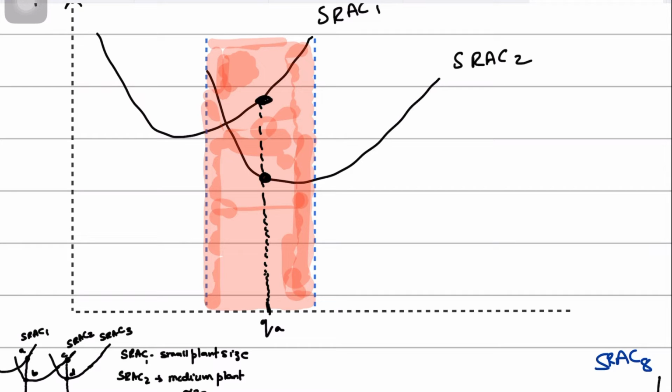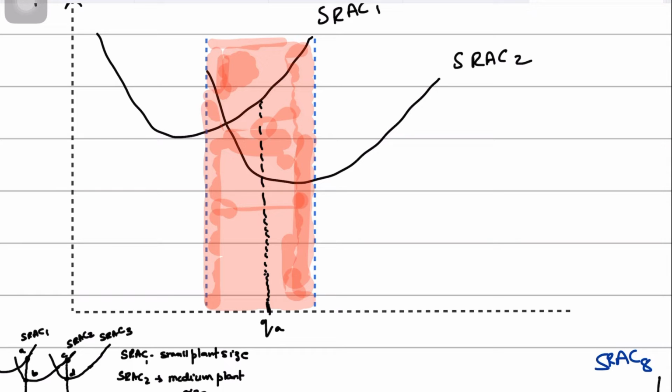Obviously it would prefer the plant giving the lower average cost, which is point B. It would choose to produce at the plant size where the average cost is lower, which is obviously at point B, because the average cost at point B is much lower than the average cost at point A.